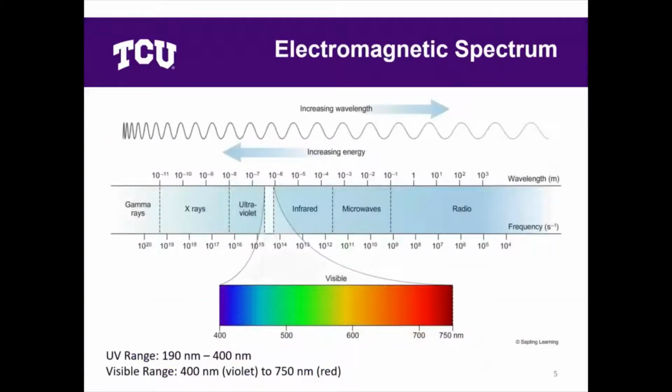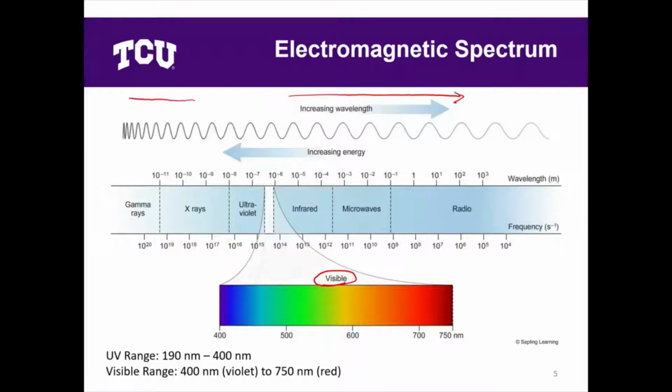So looking back at the electromagnetic spectrum, I know it's been a while since you looked at this, but we're talking here in our visible region. About 400 to 750 nanometers is our visible region. Remember, as we go from left to right on the electromagnetic spectrum, we're going to longer and longer wavelengths, but that's lower energy and frequency.